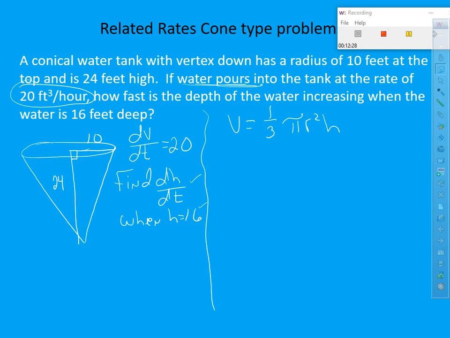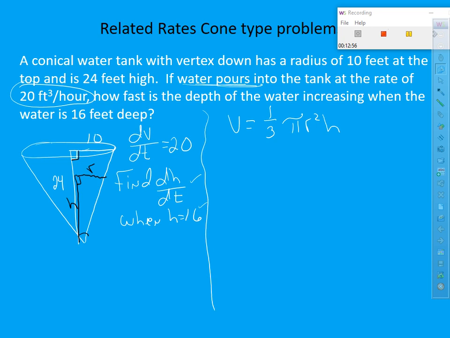I'm going to look at my original cone that has an original radius of 10 and a height of 24. And then I'm going to think throughout the problem. At some point, it has a radius, and at some other point, it has a height. Notice that they share this angle, and both of those are right angles, so I have similar triangles within there.